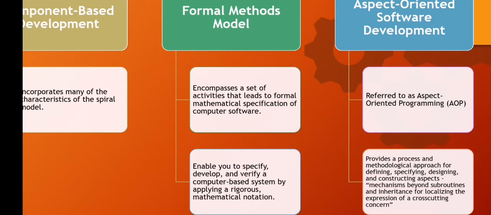Now, ambiguity, incompleteness, and inconsistency can be discovered and corrected more easily through mathematical analysis using this model. So it also offers the promise of defect-free software. So imagine that, defect-free software.